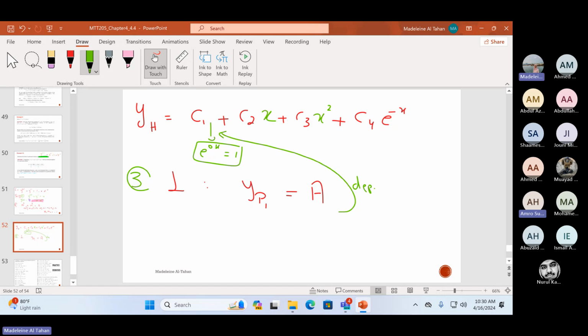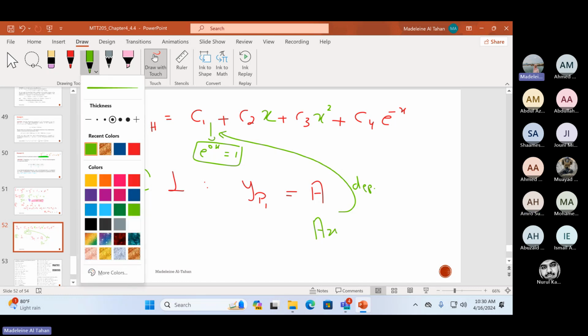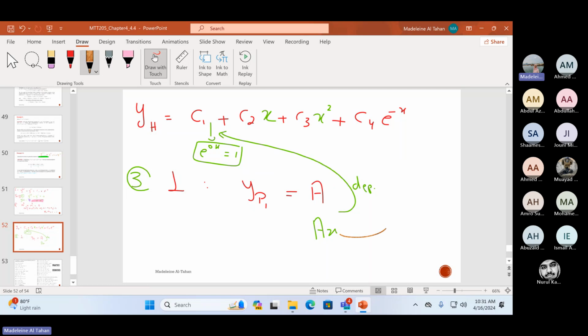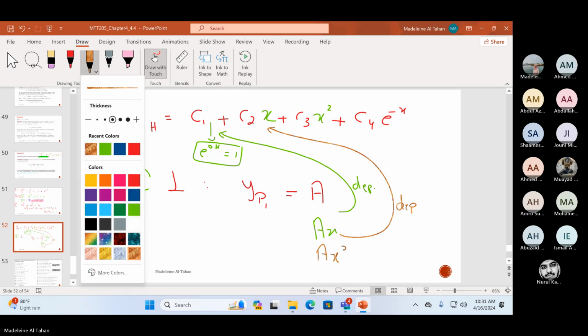If I multiply by x, it still will be dependent. Again, what's our problem? Dependent. Okay, multiply by x again.